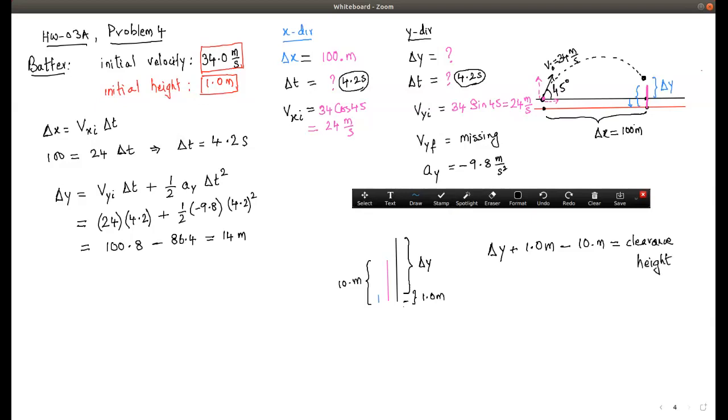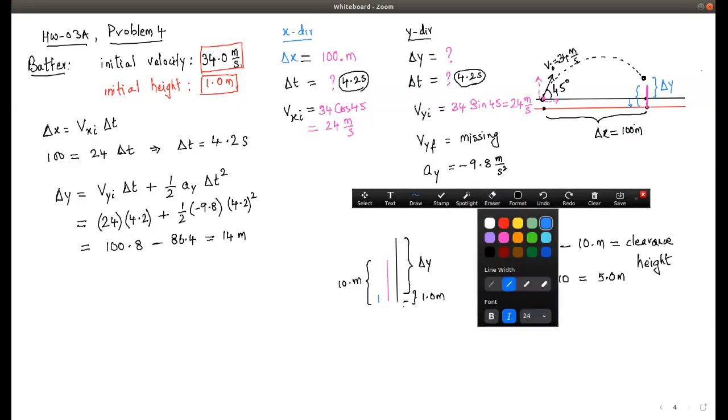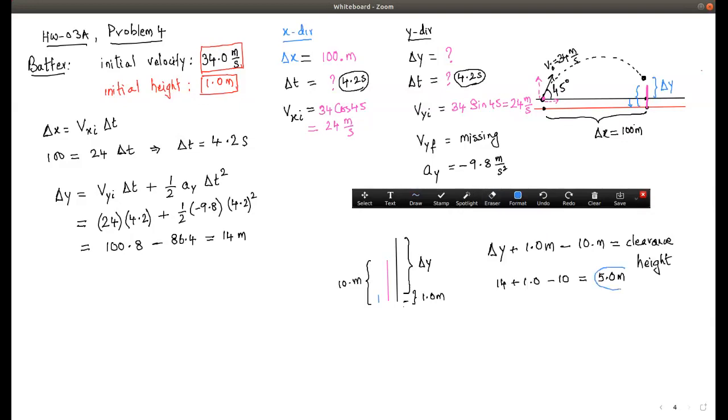Hope I got that spelling correct. That's equal to 14 plus 1 minus 10. So that's about 5 meters due to significant digits. And that's the solution. That's the amount of height by which it passes. So the center of the ball is exactly 5 meters above the highest point on the fence.